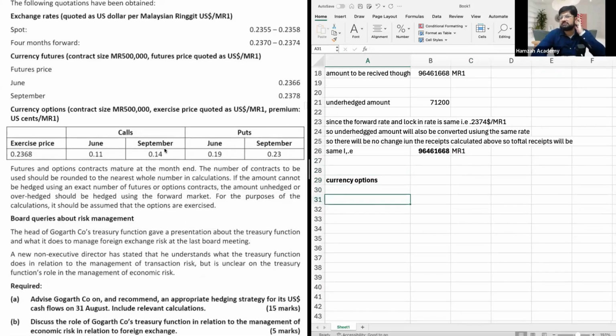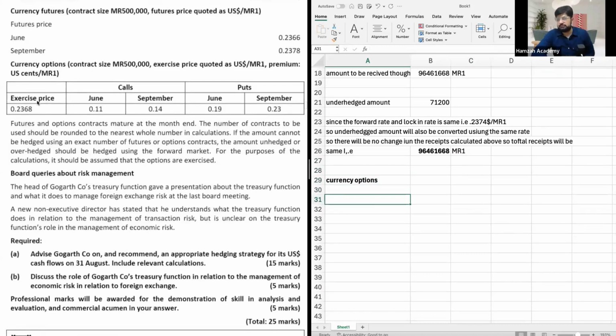Currency options are here in front of you. Here one exercise price is given. Now you have to decide which option, put option or call option. One thing is confirmed: September, because the transaction is on 31st August.